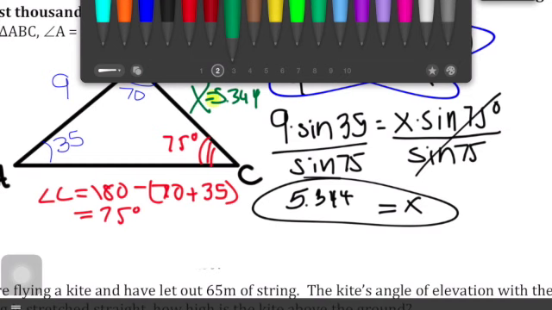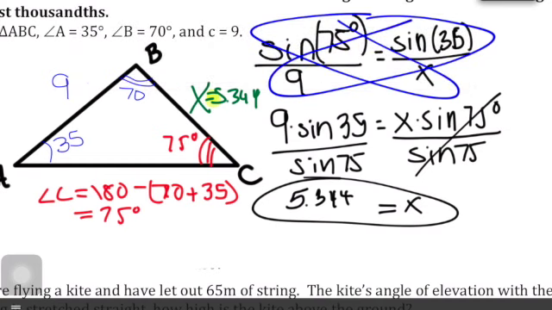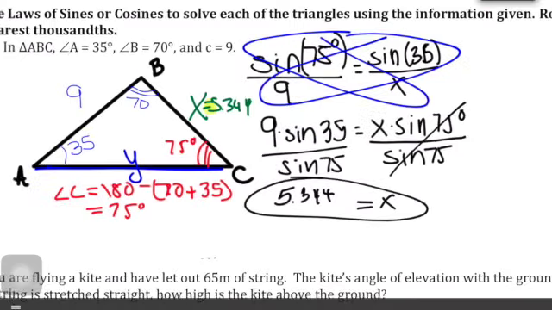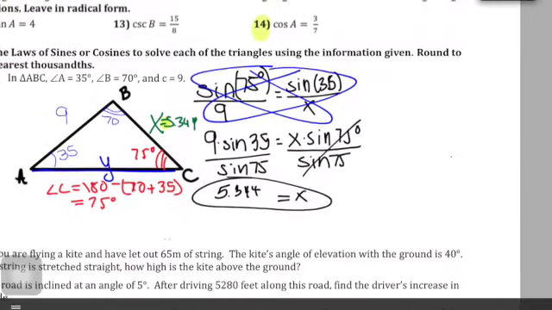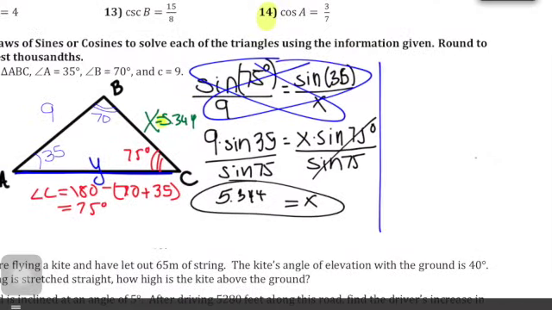Now let's solve for this side over here. Let's put it in blue, let's solve for this side, y. Same idea. Let's create another ratio here. I can use the sine of 75 over 9 again is equal to the sine of 70 over y.